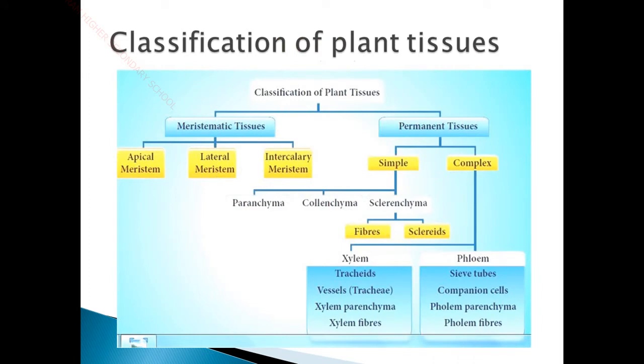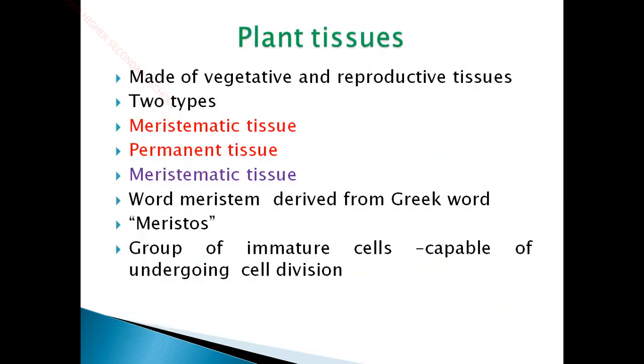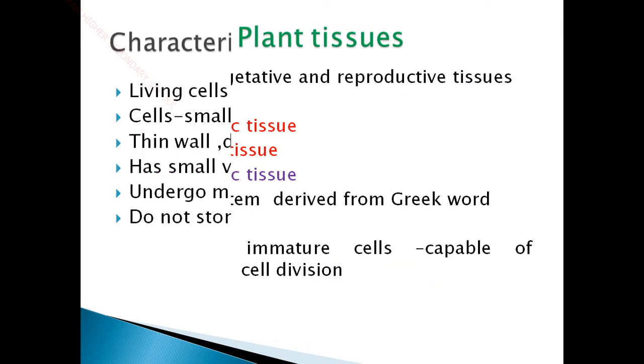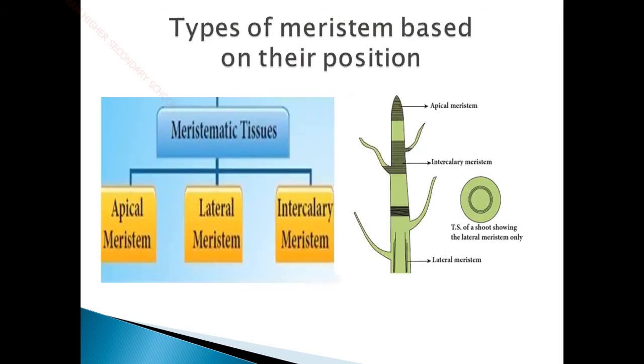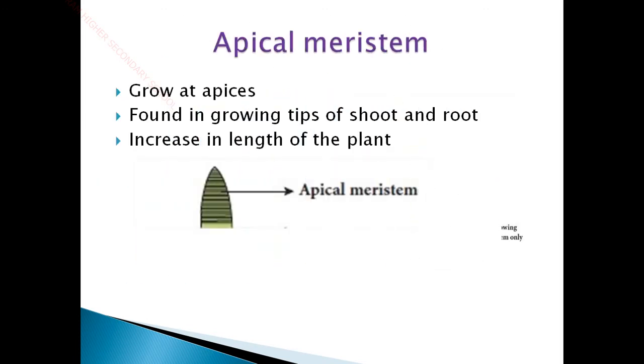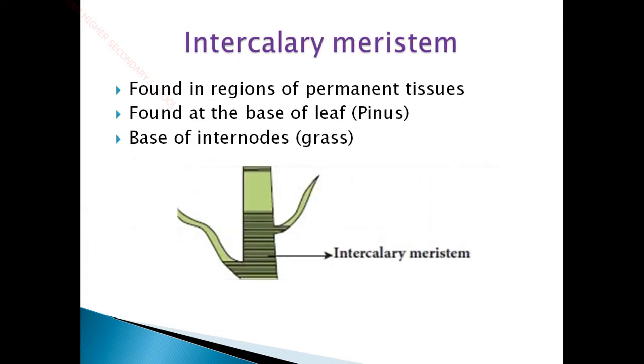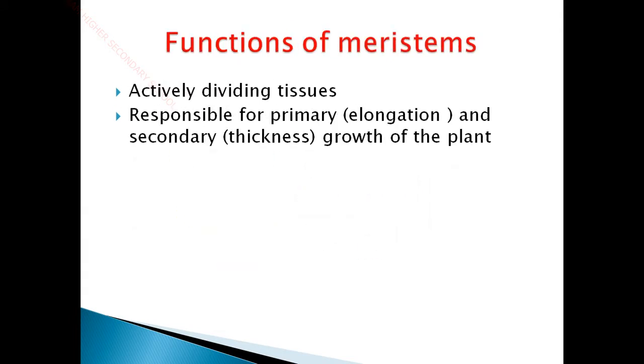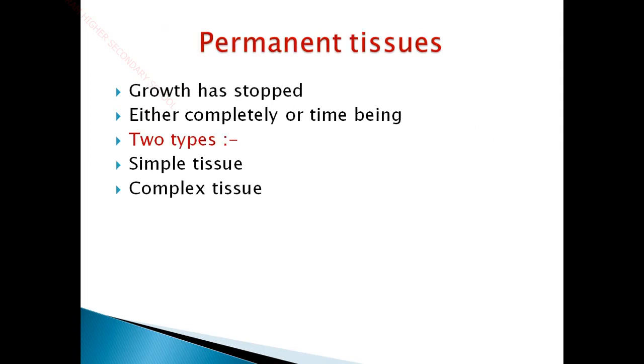And we have discussed the classification of plant tissues as meristematic and permanent tissues. Under plant tissues, we have seen the definition of meristematic tissues, characteristics of meristems, and types of meristems based on position as apical meristem, intercalary meristem, and lateral meristem. And we have seen the functions of meristems.